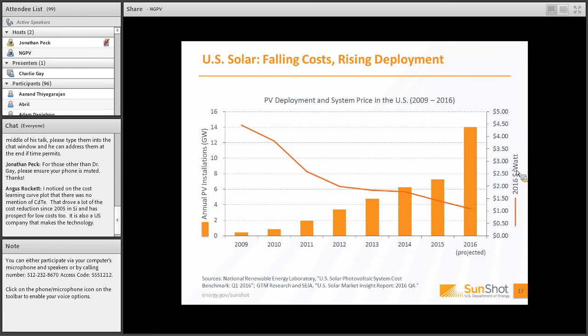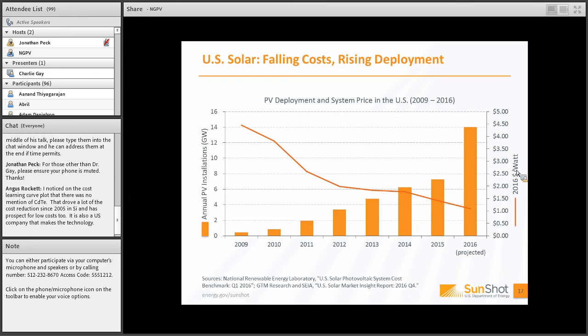So here in the U.S., we have a rapid decline in the pricing of power plant projects. Some of the ones that are being deployed in Southern California are now being bid for capital costs on the order of $1 a watt.